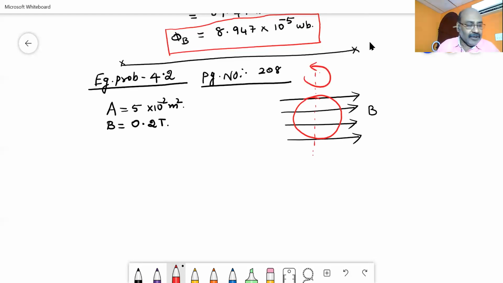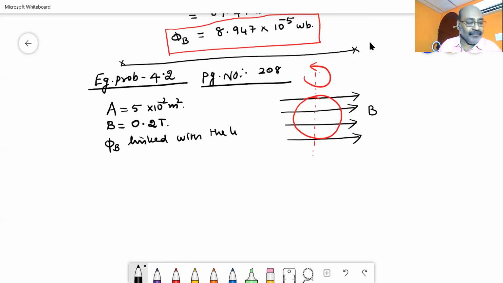What is asked? If the loop rotates about its diameter, which is perpendicular to the magnetic field as shown in the figure, find the magnetic flux linked with the loop. Three cases are given.